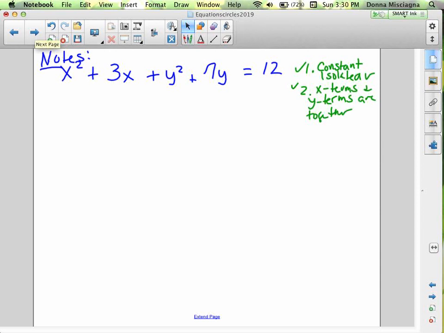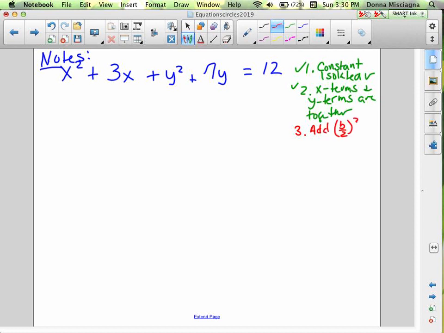All right, so then we can go on to the next step, which is to add b divided by 2 squared for the x terms and the y terms to both sides. All right, so this gives us x squared plus 3x plus b is 3.